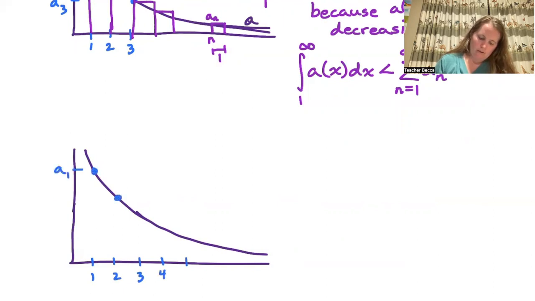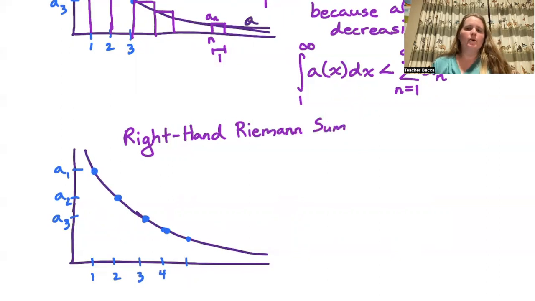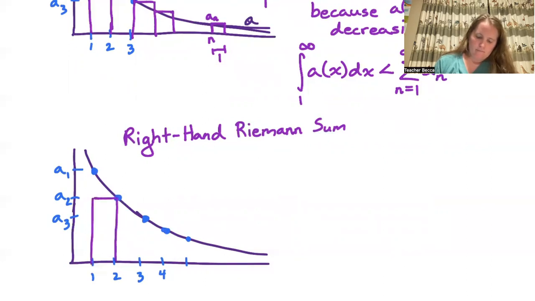At 2, the y value is a sub 2, etc. So here we're going to do the right-hand Riemann sum. The rectangles we're looking at are based off the right-hand side.